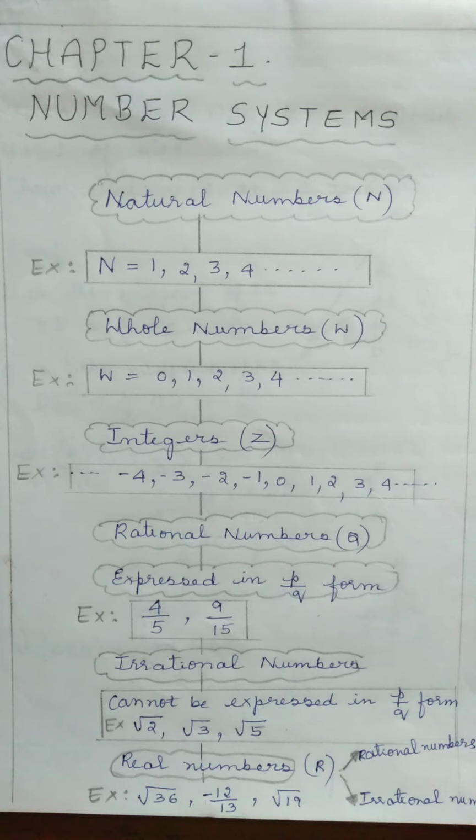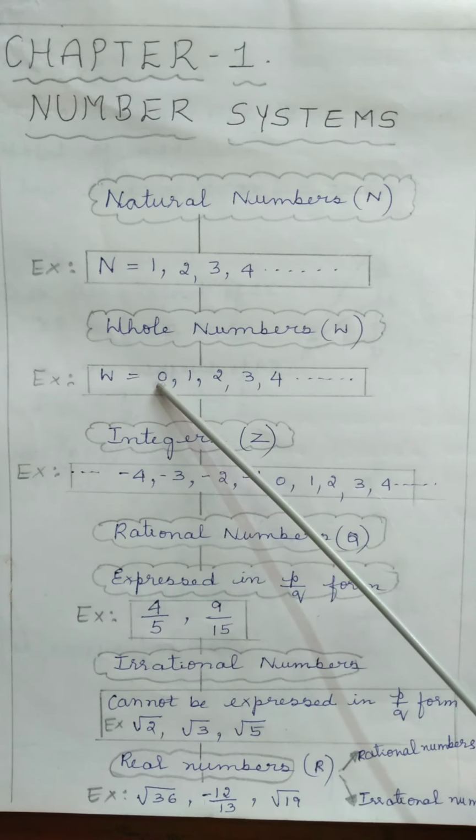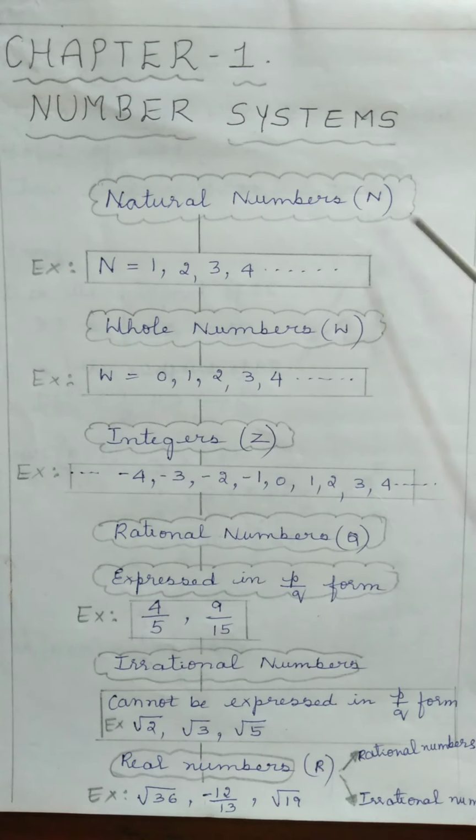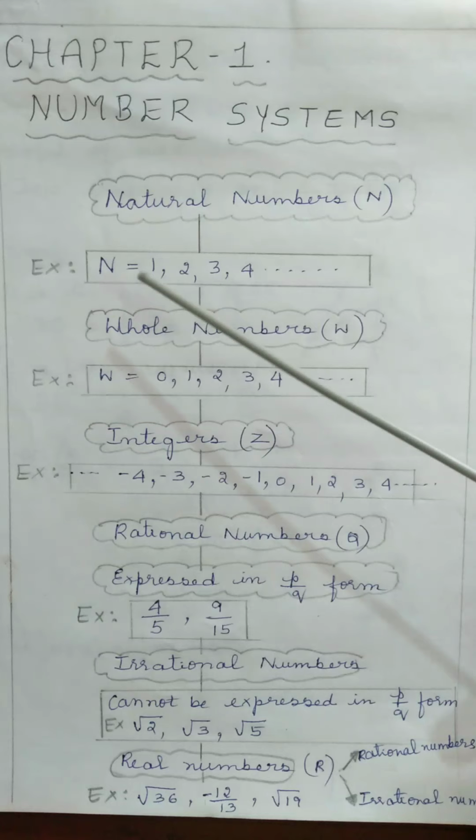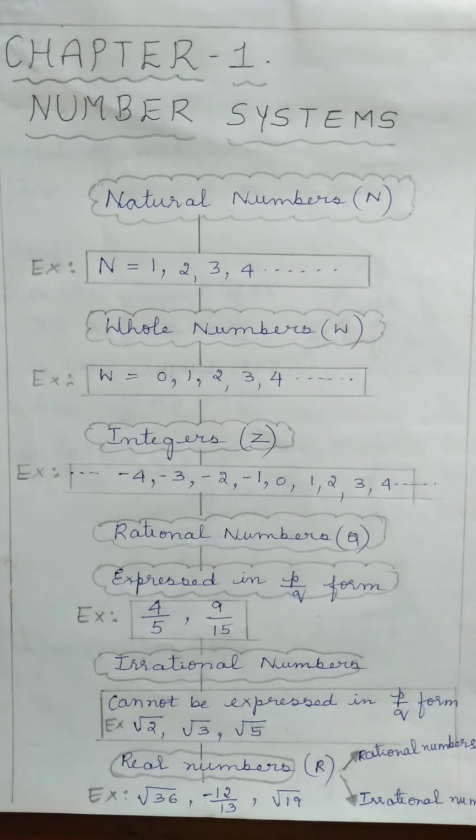If we add the number 0 to the collection of natural numbers, we get the collection of whole numbers. Thus, the numbers 0, 1, 2, 3, etc. form the collection of whole numbers, and this is represented by the symbol W.